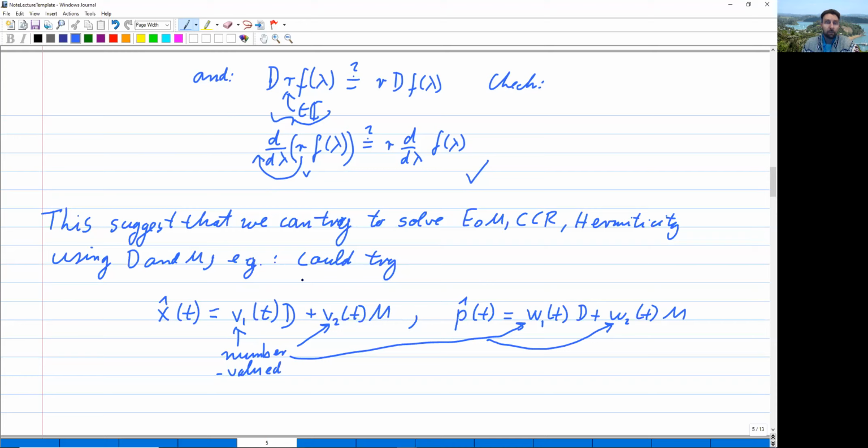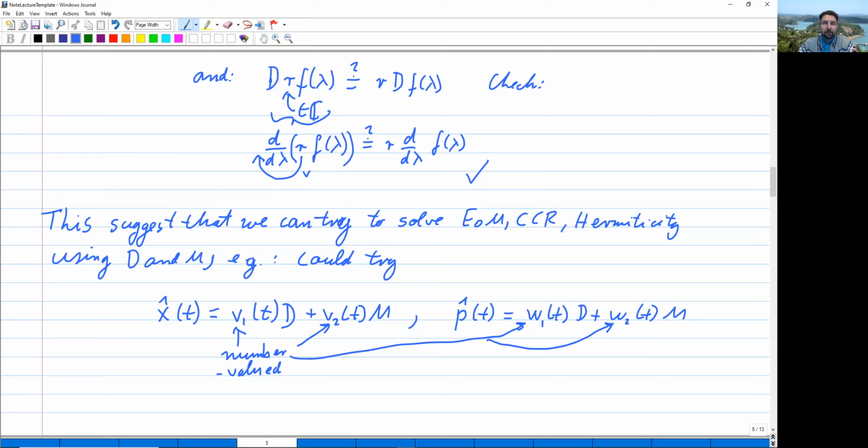So what we could play with is the hypothesis that there are functions v1 of t, v2 of t, w1 of t, w2 of t, such that the x hat of t and the p hat of t have just the right commutation relations and just the right equations of motion, and also the hermiticity condition, such that the equations of motion, canonical commutation relations and hermiticity are fulfilled, and we solve our quantum mechanical problem.